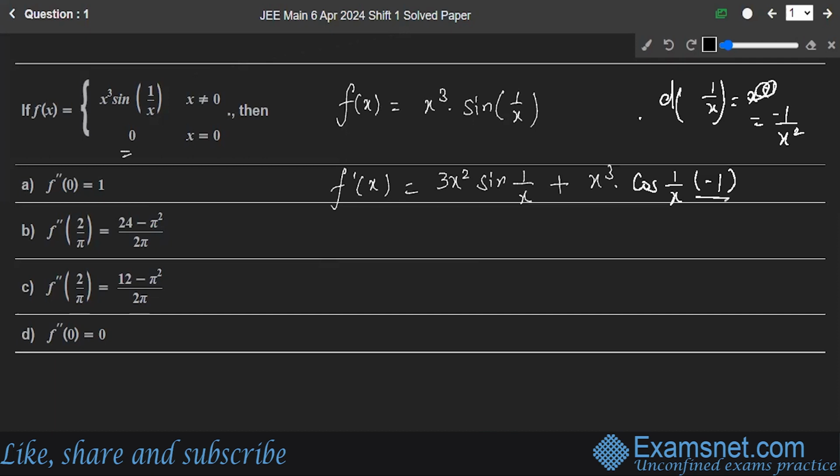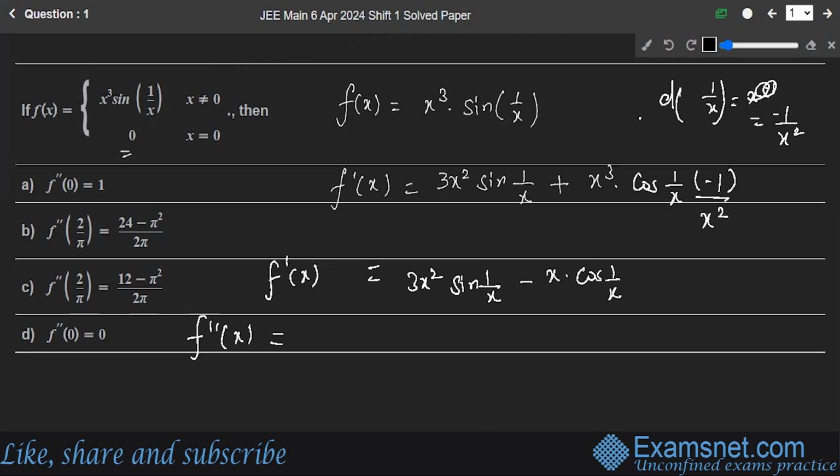This gives me 3x squared sine 1 by x minus x into cos 1 by x. Now, this was your first derivative.